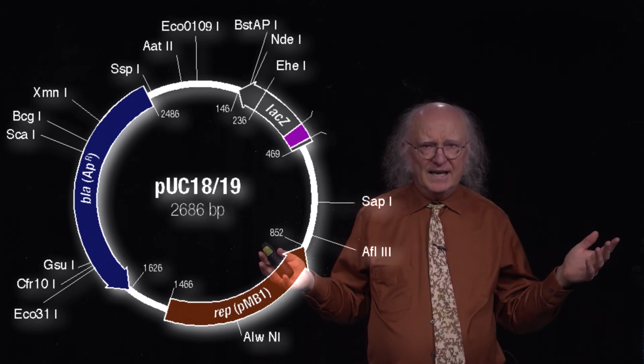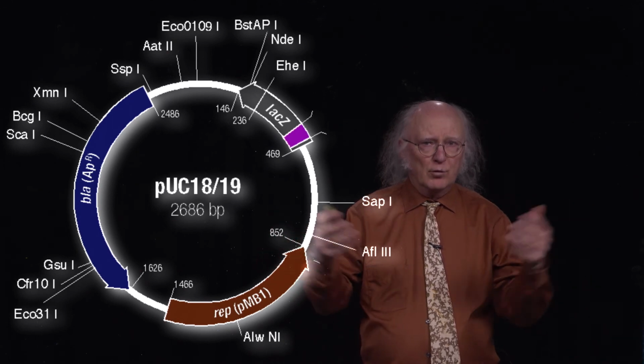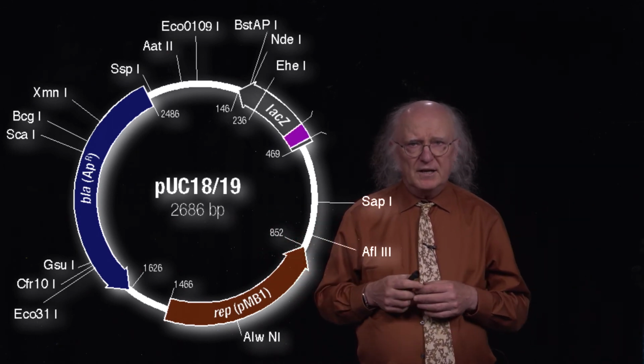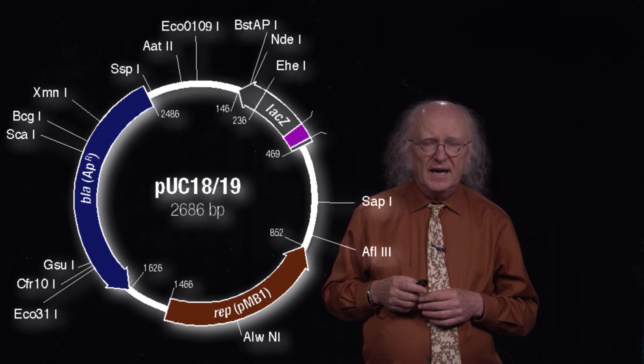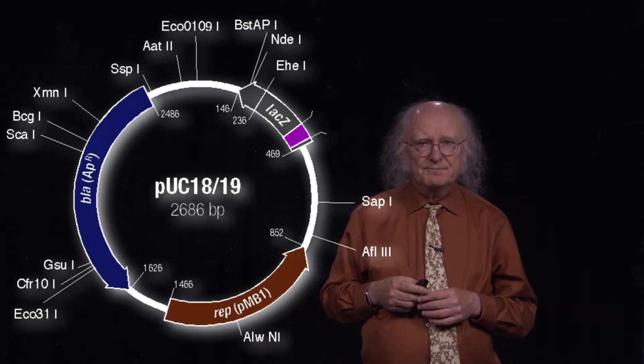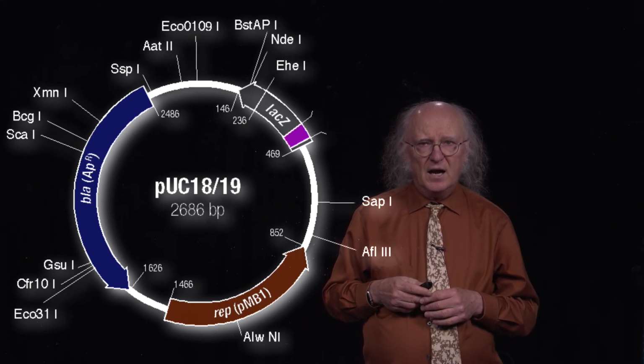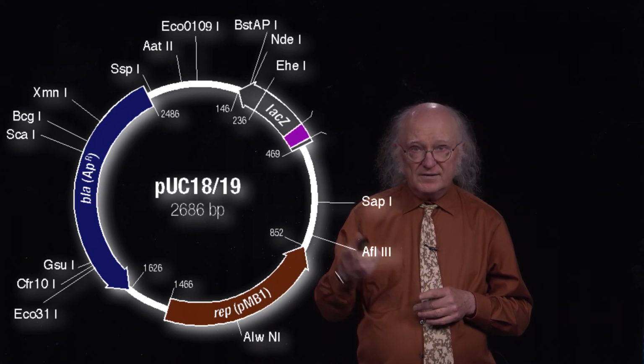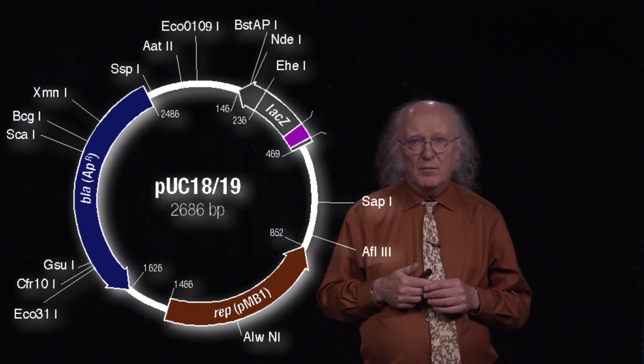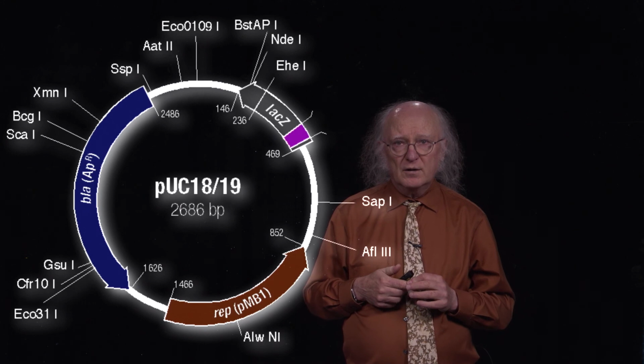The larger a DNA is, the harder it is to keep from breaking it, for example. So something like this is very easy to manipulate and relatively easy to put into cells. If I use this plasmid, I could cut it at a variety of sequences that you can see, marked by the individual sites that are on here, to create recombinant DNAs.